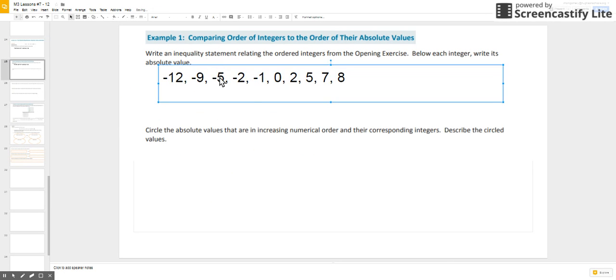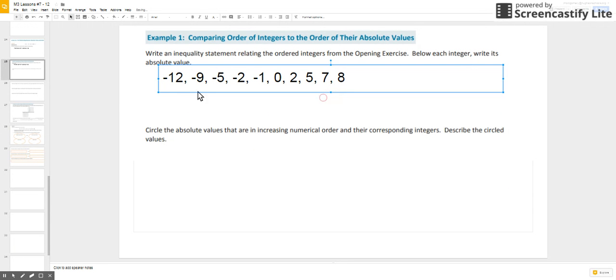If you need to, pause the video and copy these down. The only thing you don't want to copy is the commas between. You can get rid of the commas. Actually, you don't need to, you can write as I go through them. These are already in order from least to greatest, so to write this as an inequality we just put a bunch of less than statements, because -12 is less than -9, which is less than -5, which is less than -2.